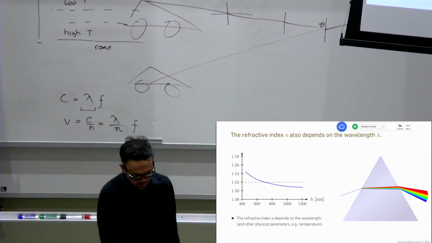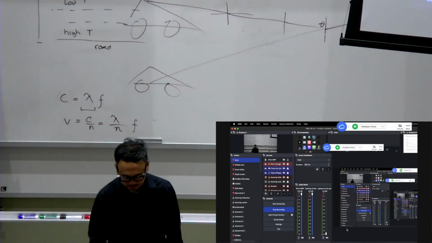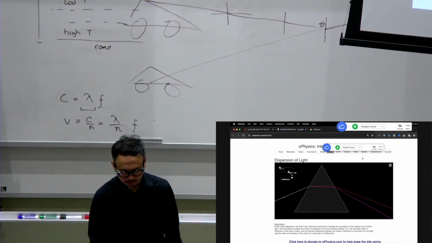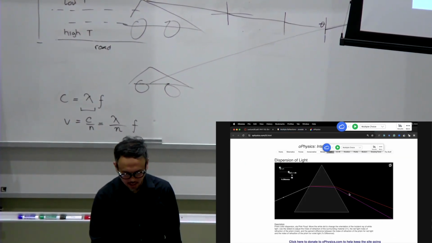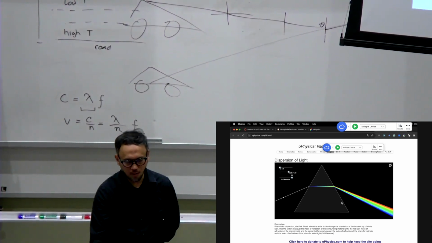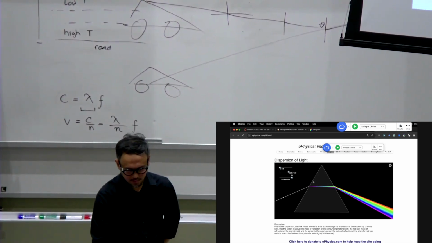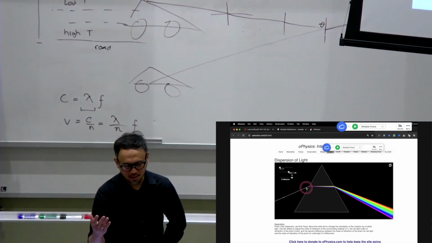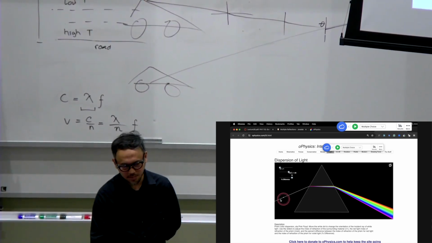Okay. So there is this simulation. The name of this phenomenon is dispersion. Before the prism, in this region, all colors of light travel at the same speed.